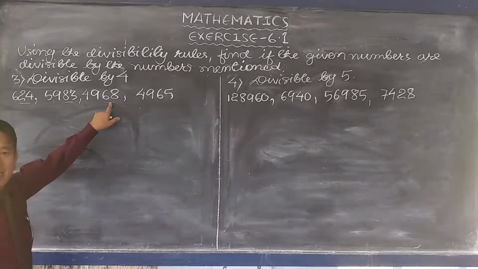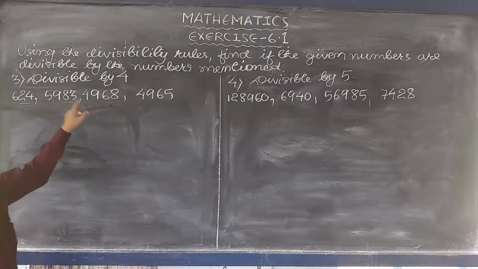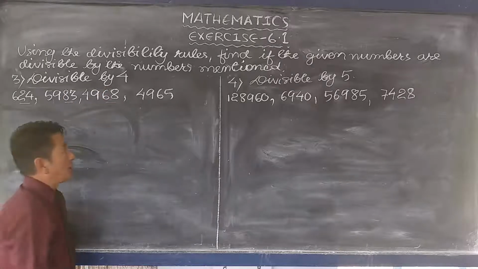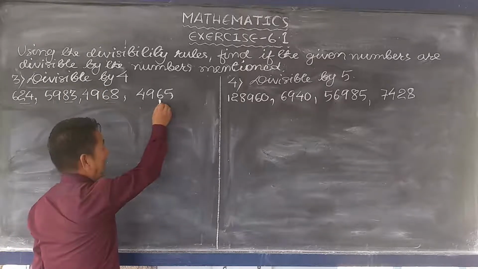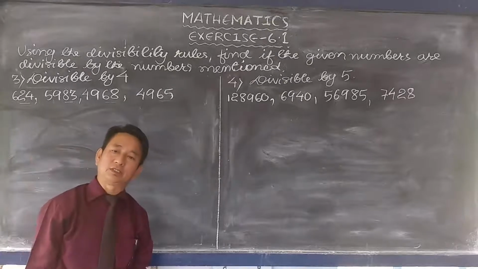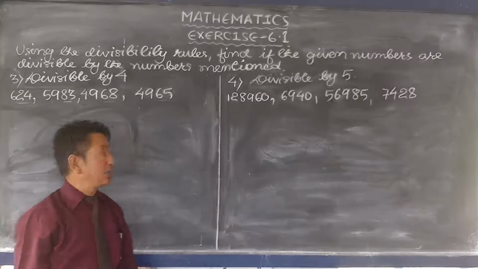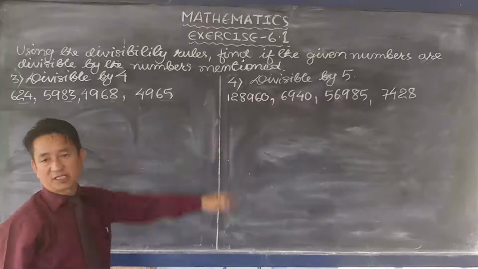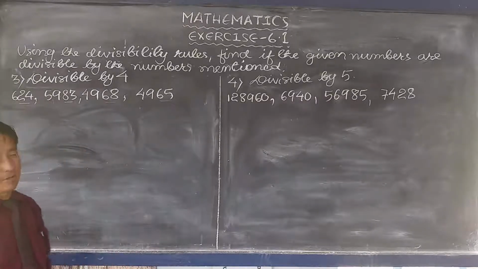Here 68 is divisible by 4. That means this number is divisible by 4. Now here the number formed by the last 2 digits is 65. 65 is not divisible by 4. That means 4965 is not divisible by 4.